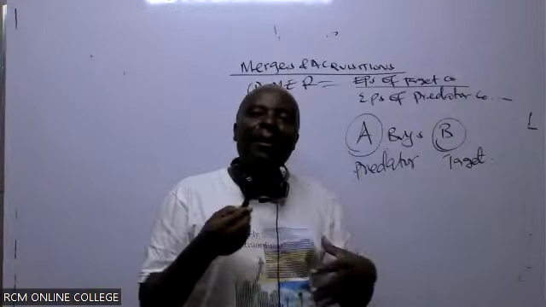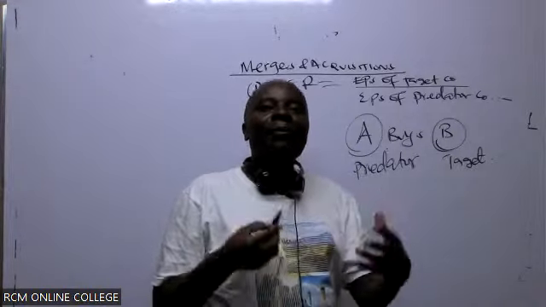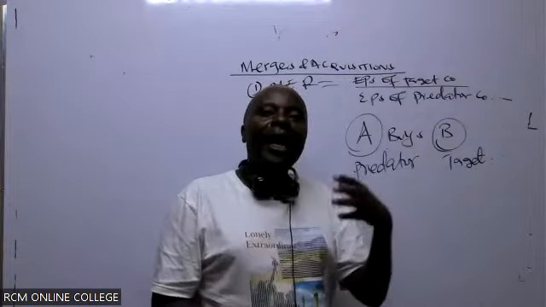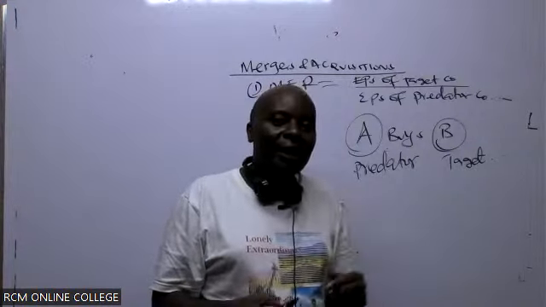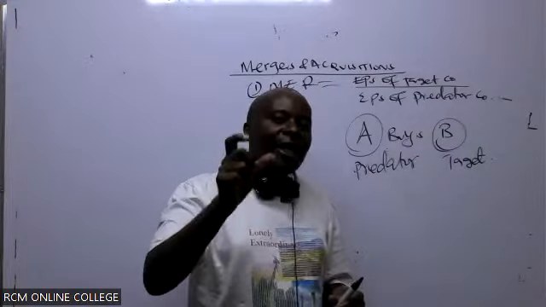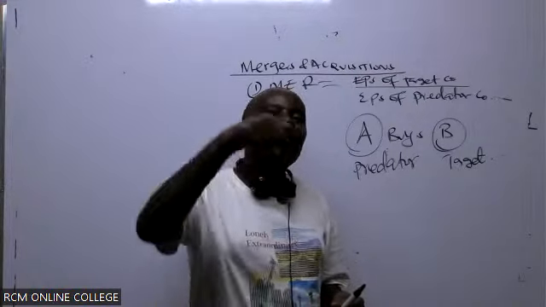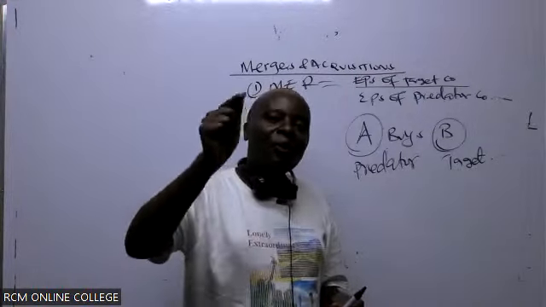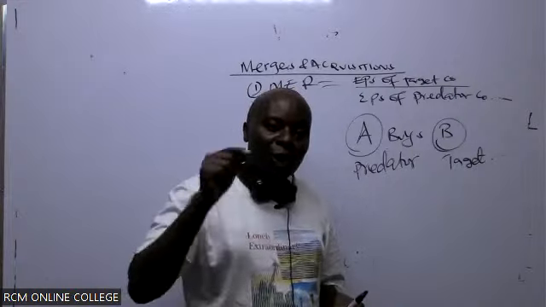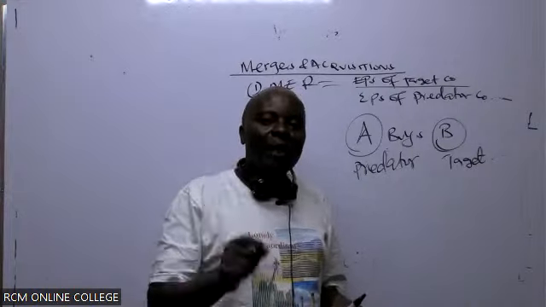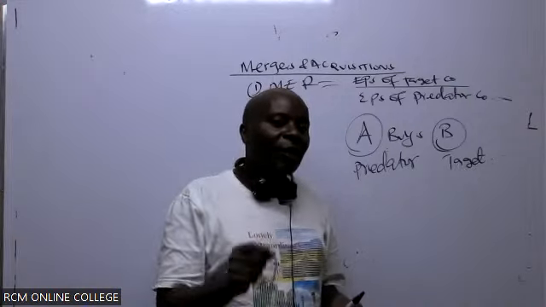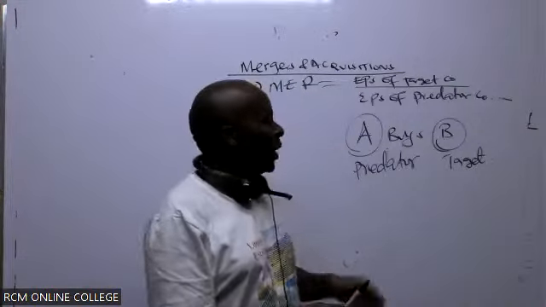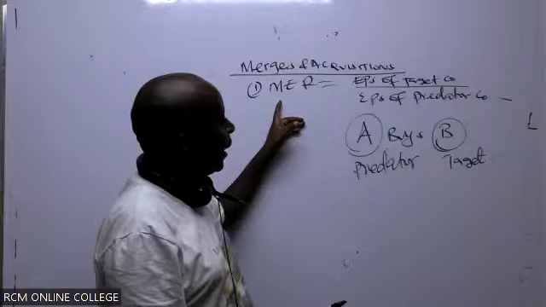What is the maximum number of shares the parent can give out in acquiring a targeted company in such a way that the EPS of the predator company does not reduce? So here, we would want to protect the EPS of the predator company whenever you are calculating the maximum exchange ratio.